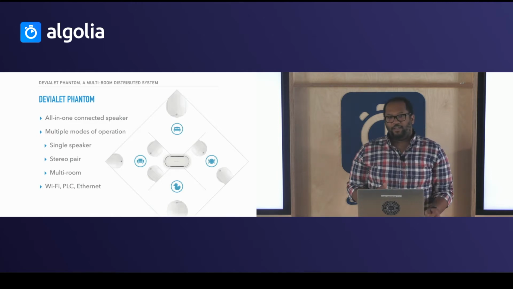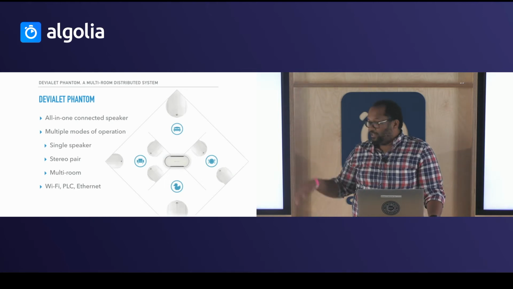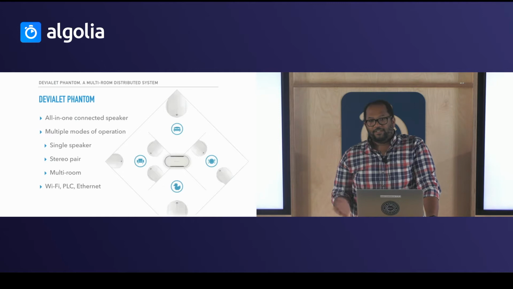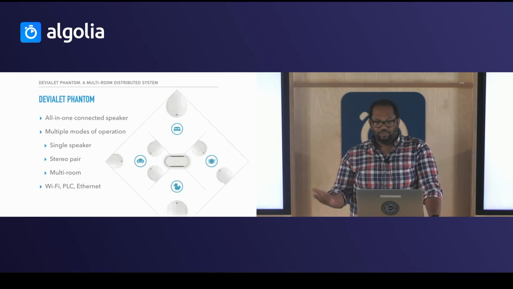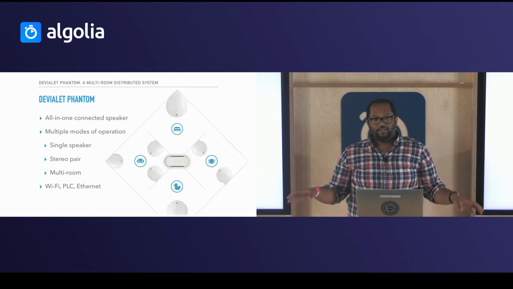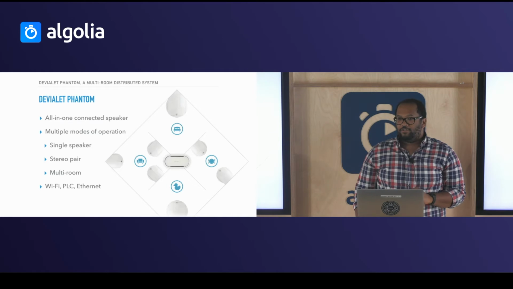So from the very beginning, we wanted to have multiple modes of operation, which are illustrated on the slide here. So basically, you can use it as a single speaker. You just have one in your home, in your living room, for example, or you can pair two and use that as a stereo pair, left, right. But it's also a multi-room solution.